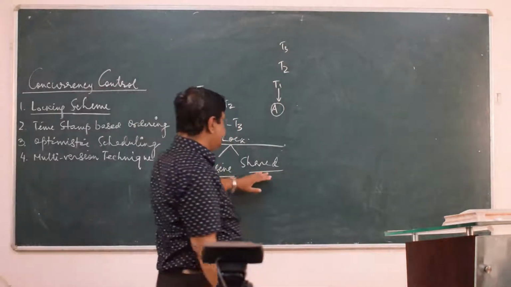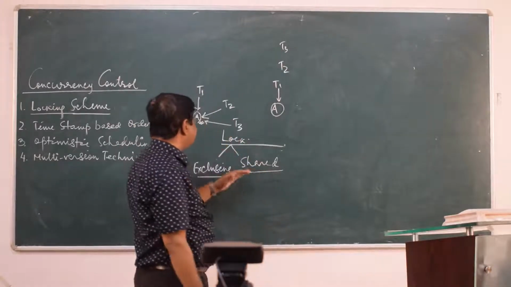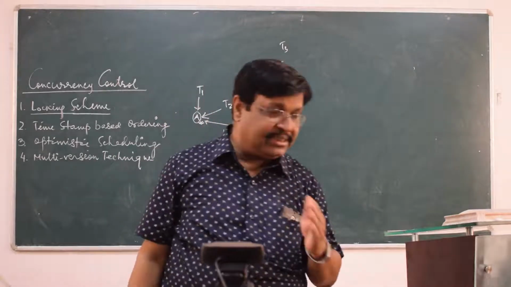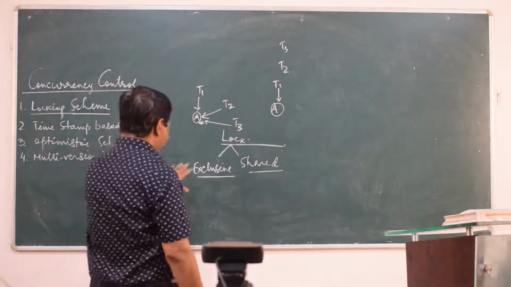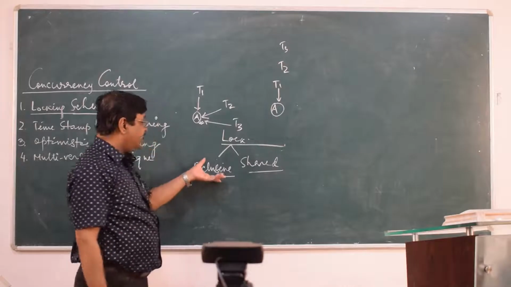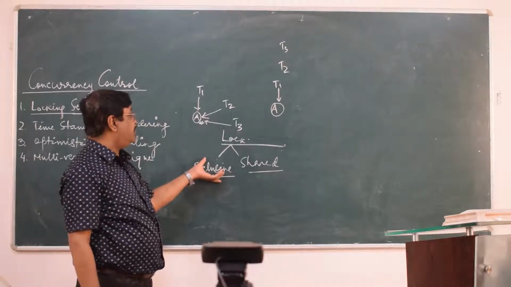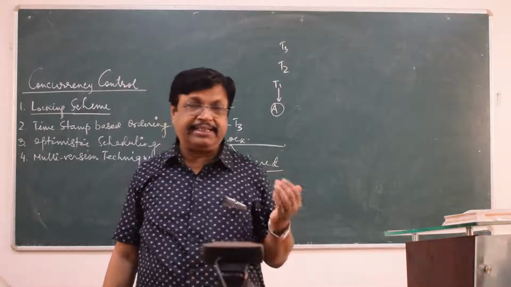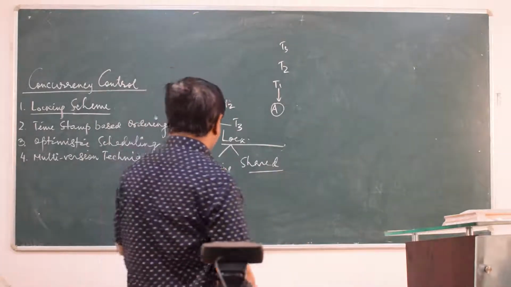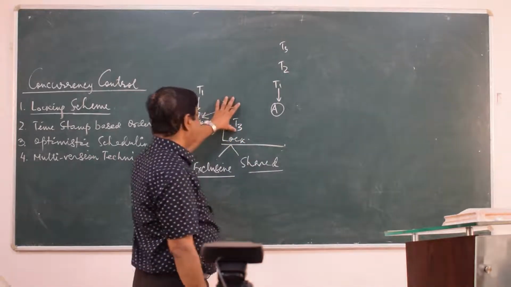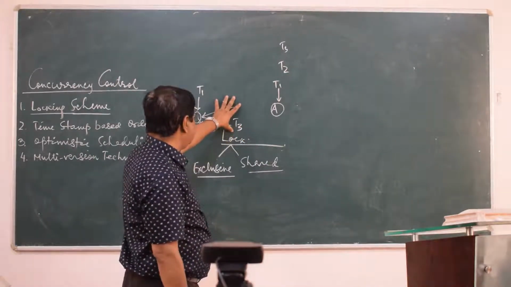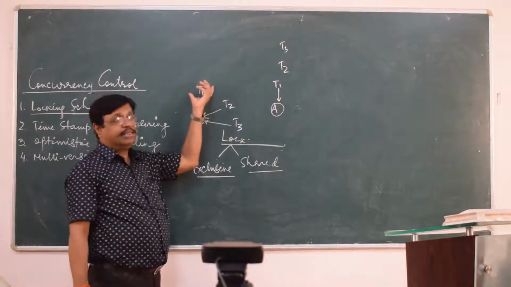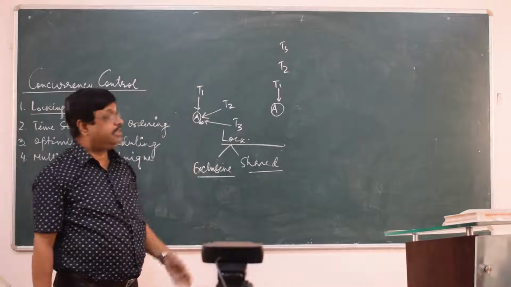And if it is locked in shared mode, in that case all the transactions can access A. The difference between exclusive lock and shared lock is that if it is locked in exclusive mode by one transaction, no other transaction can either read data item A nor write data item A. They would be waiting unless the lock on A is released by the previous transaction, that is T1.